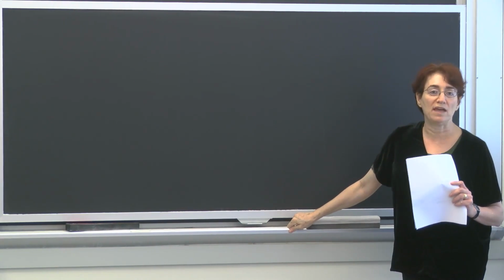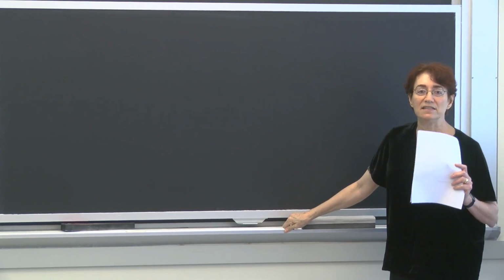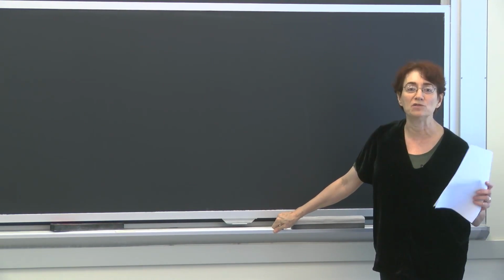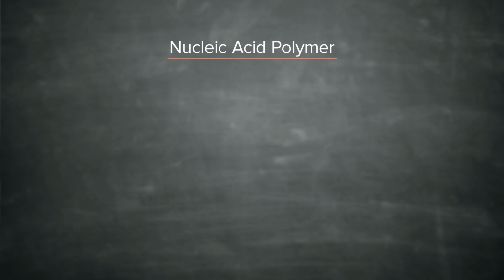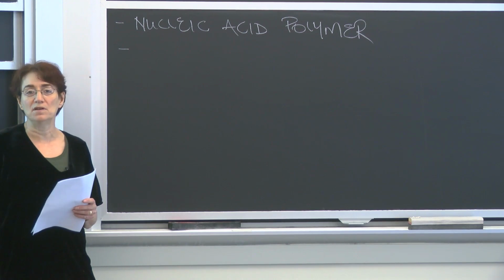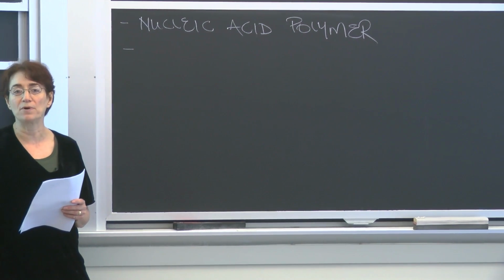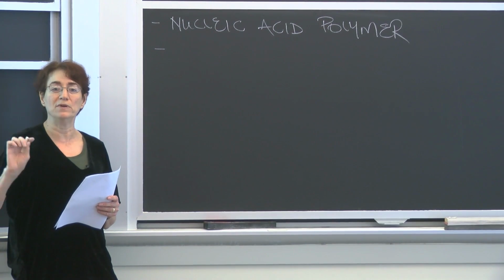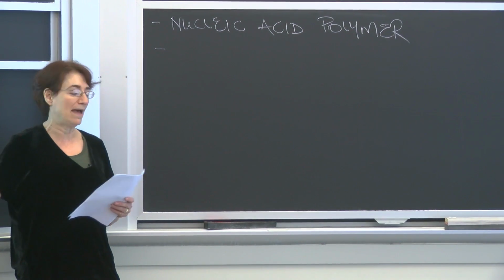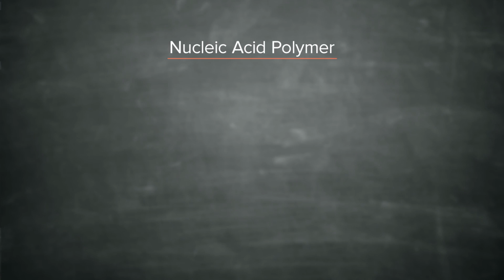In order to do that, we need to come back and consider the nucleic acid polymer. The nucleic acid polymer has two different ends. It has got a so-called 5' and a so-called 3' end. And you can see that if I draw you a very rough schematic of how a nucleic acid polymer is put together.